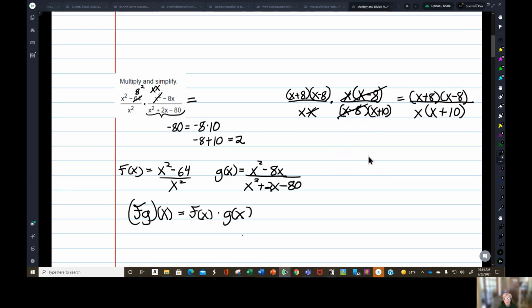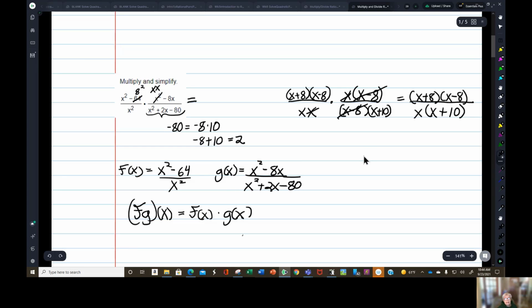Because after all, there was a reason that you multiplied and simplified. All the factoring is called simplifying. And of course, we're multiplying as well. But actually, it's more simplifying than multiplying. Notice how important factoring is for this.